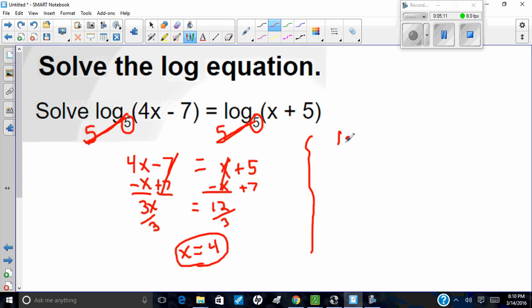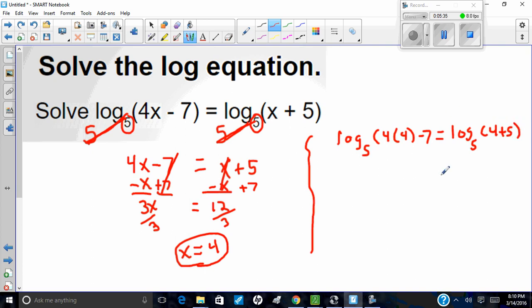So I'm going to quickly substitute it in and make sure our argument stays inside the domain. So this is log base 5 of 4 times, now substitute in the x value of 4, minus 7. Do the right side, so this is log base 5, so a simple check. Substitute in the 4.